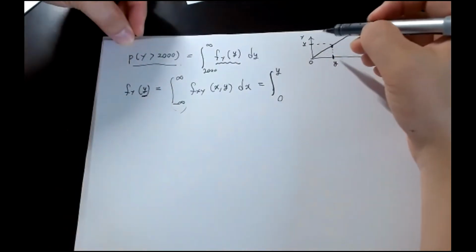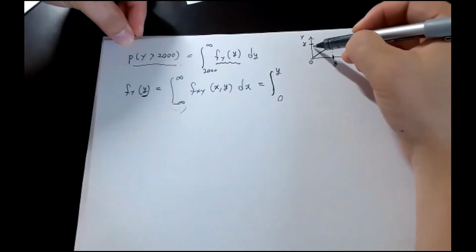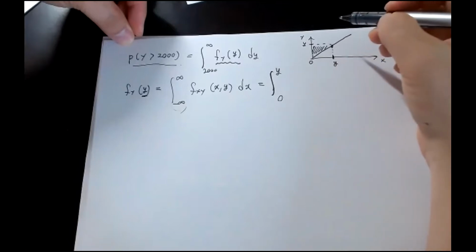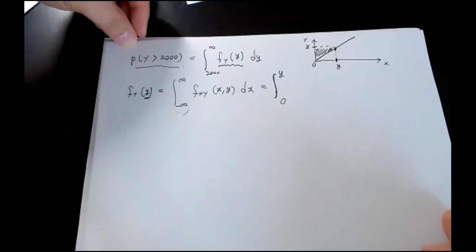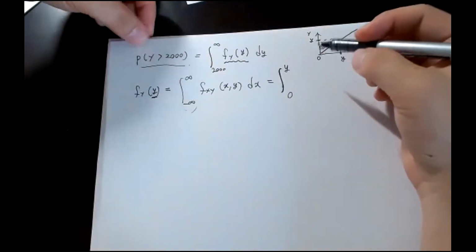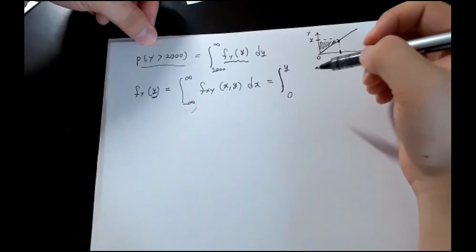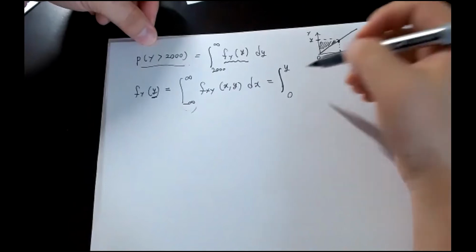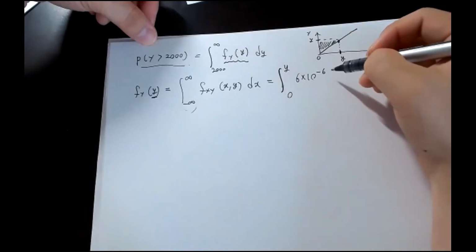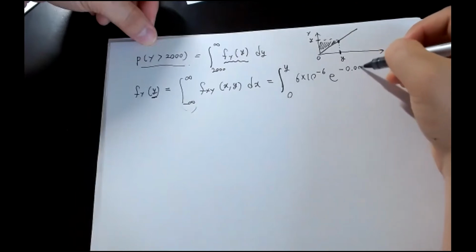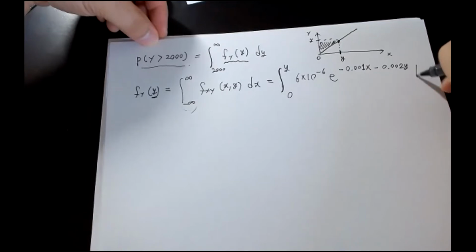So we want to find out this one. Okay, so 0 to y. And then the x, y value. Now f(x,y) is going to be 6 times 10 to the negative 6 times e to the minus 0.001x minus 0.002y, and then dx.